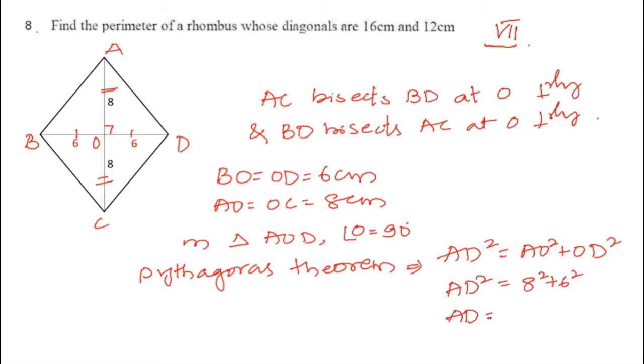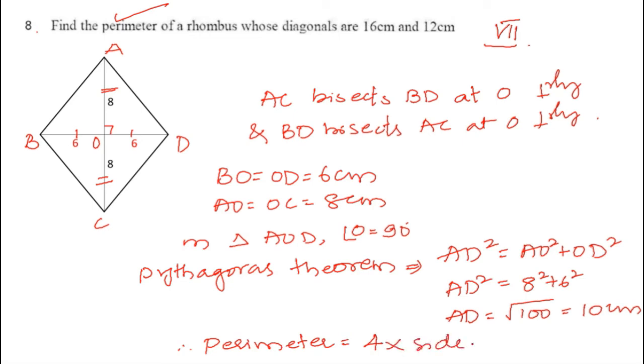So AD will be equal to under root 100, which is 10 centimeter. The question is to find the perimeter. All the sides of rhombus are equal, so the perimeter will be equal to 4 times side, which is 4 times 10 centimeter, which is 40 centimeters.